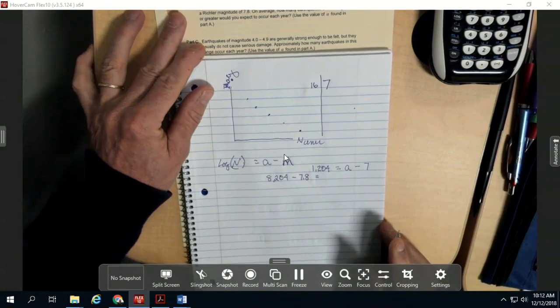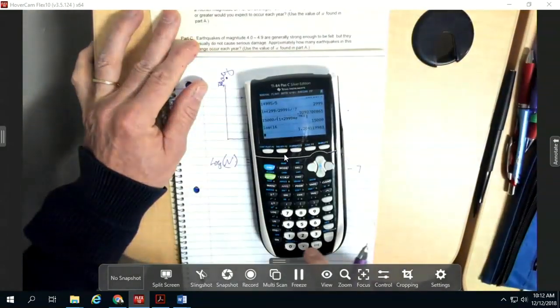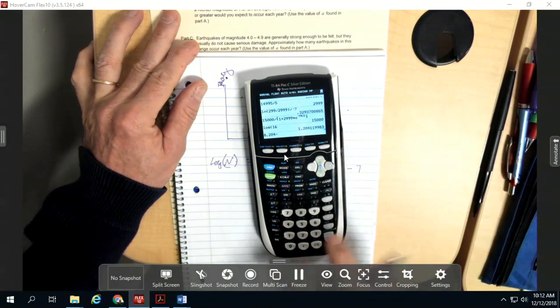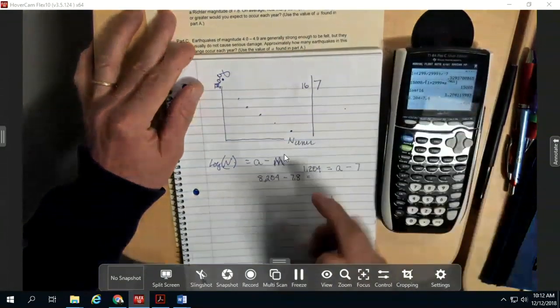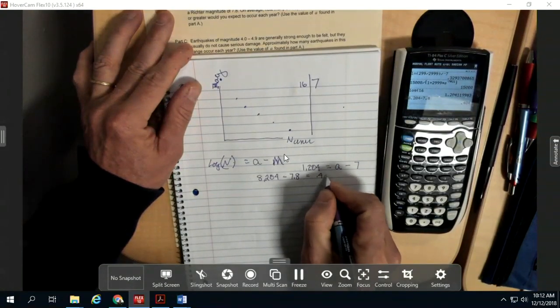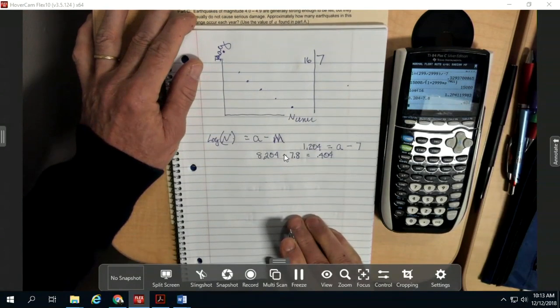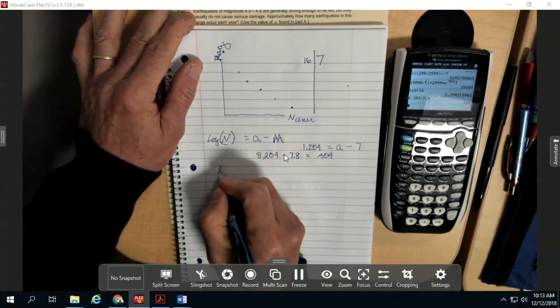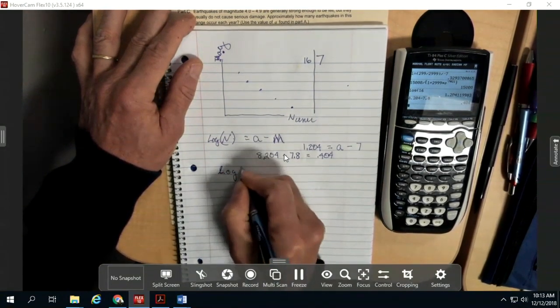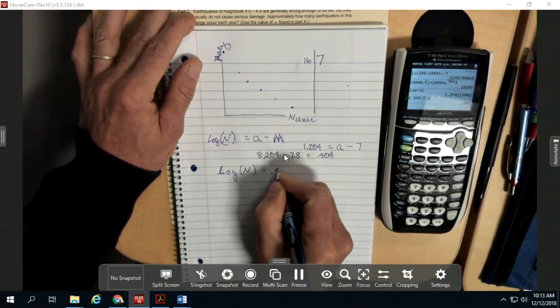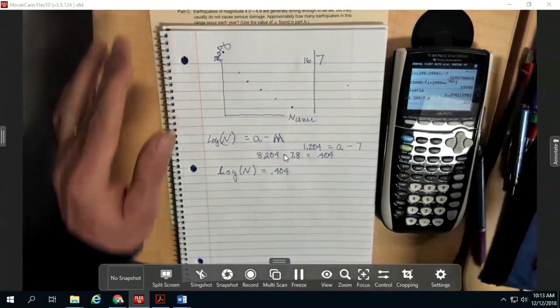What do we get if we take 8.204 minus 7.8? 0.404, right? So the log of N is going to be 0.404.